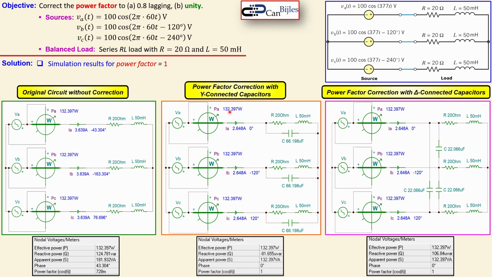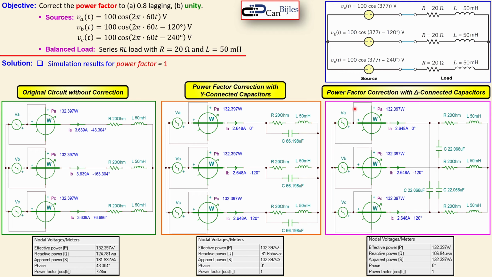What you also see is that the power is exactly the same as before, the real powers for each branch of the loads. In addition, the phase here at IB and IC is also in phase with the VB and the VC. So there is no phase difference between the currents and the voltages. If you look at the table, you see indeed the phase is 0 degrees and the power factor is 1.